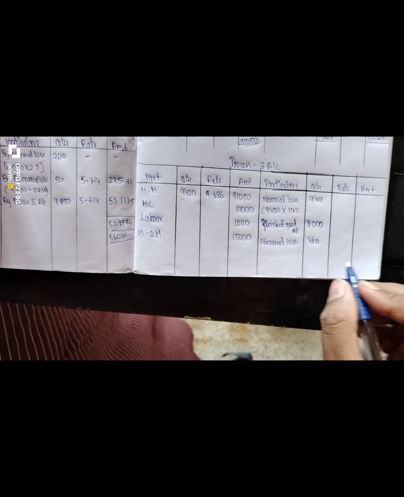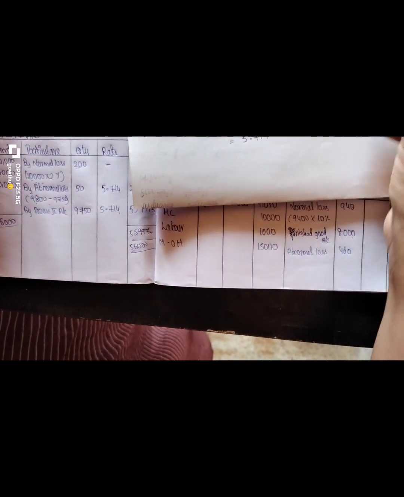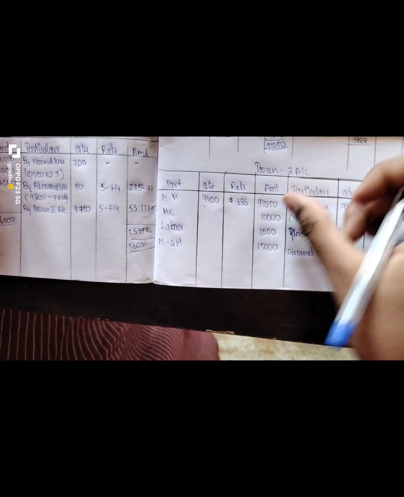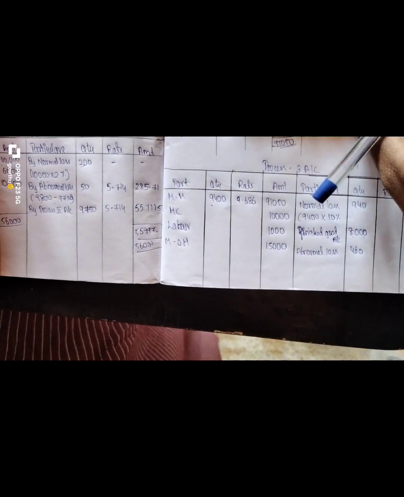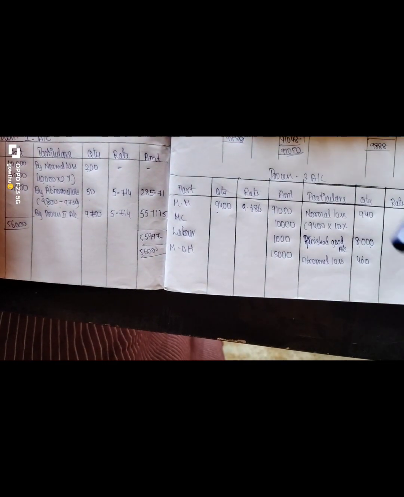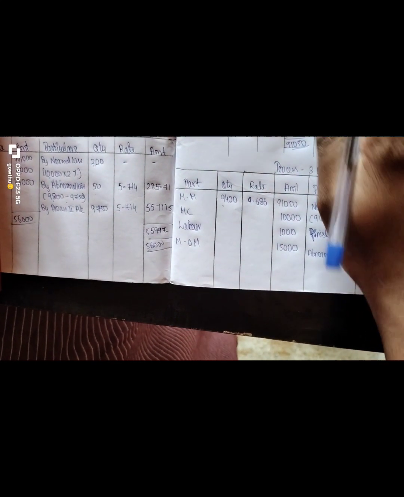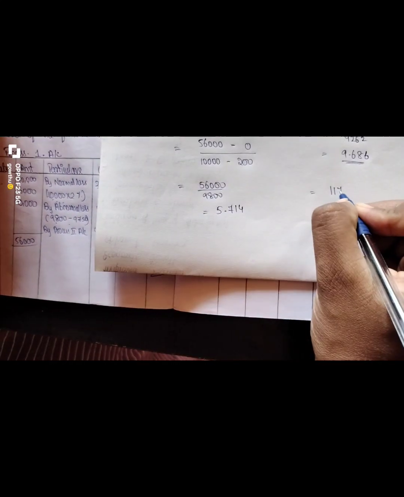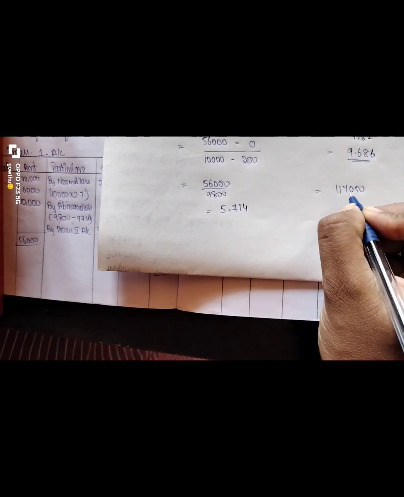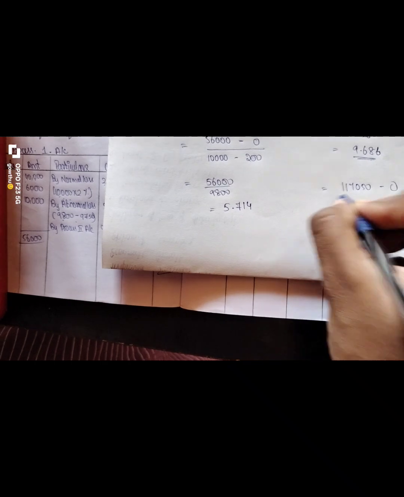Now we have to calculate the cost. How we will calculate the cost? Same as this. We have to total all this. If we total 91,050 plus 10,000 plus 10,000 plus 15,000, we will get 117,050 rupees, minus no scrap value.